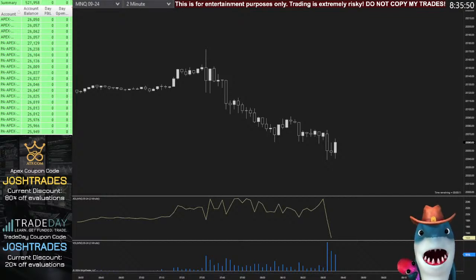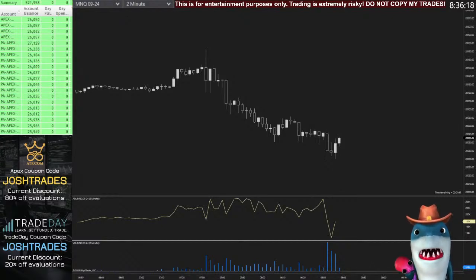I actually used to have 20 PAs, but 4 of them I blew because I was trying to aggressively size up to make a withdrawal window. Of course, when you size up too much and take a few losses in a row, you kind of go on tilt and then you just blow them. So I won't be making that mistake again. The lesson learned from blowing those 4 PAs is to just not be too aggressive.